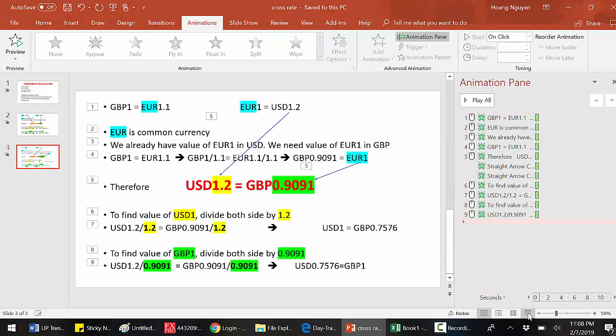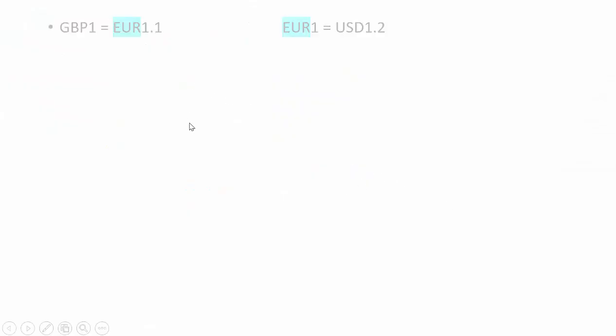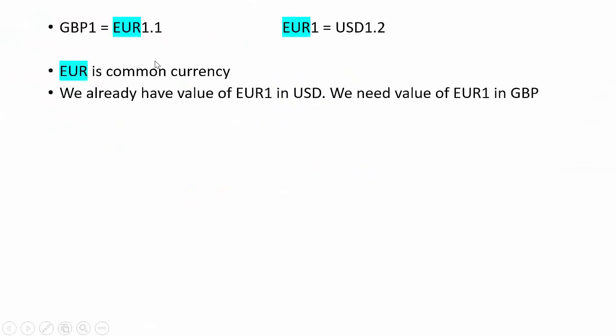So here, again, we already have the value of €1 in US dollar, which means we don't need to do anything with that rate. However, for the first exchange rate, we don't have the value of €1 in pound. So we need to calculate the value of €1 in pound. How can we do it? We apply the trick we learned before, right?